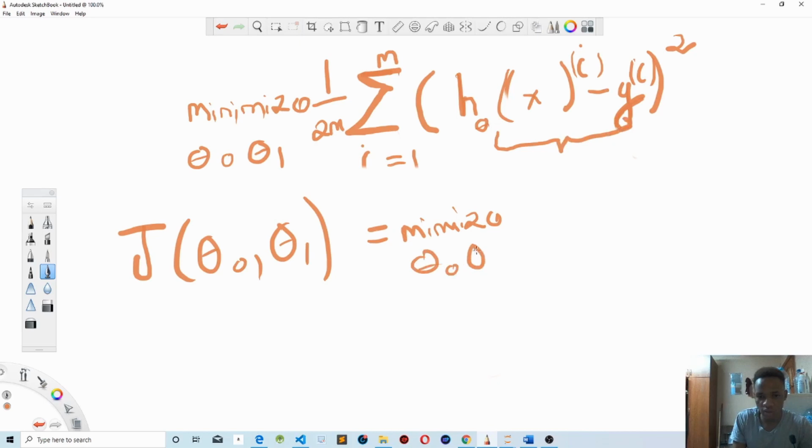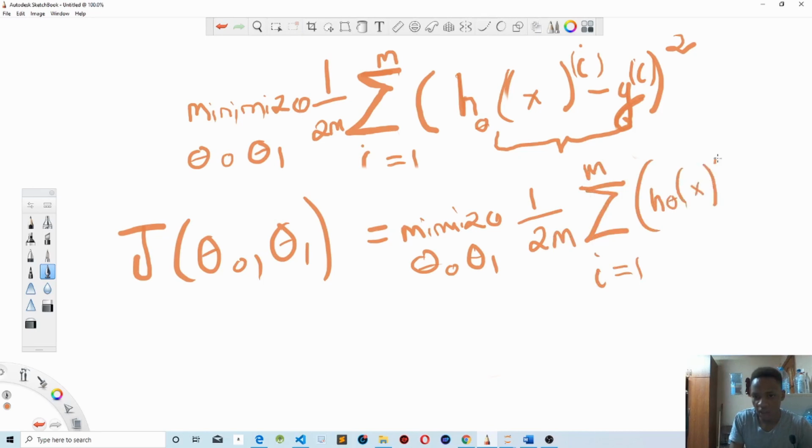J of theta 0, theta 1 equals 1 over 2m, times the sum from i equals 1 up to m of h theta of x^(i) minus y^(i), squared. That's what the cost function does.